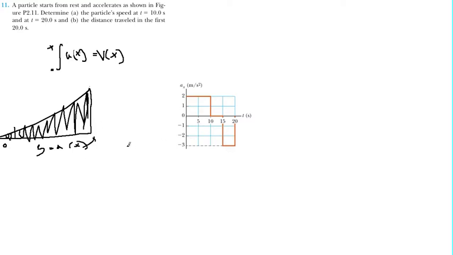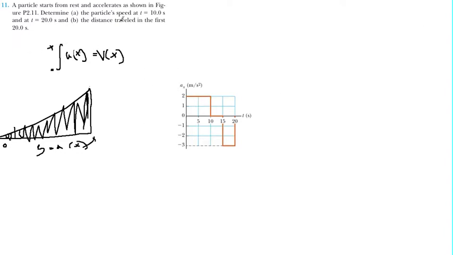Now, in our case, we have it pretty good because this is a really simplified function where, using our knowledge of geometry, we're able to find the area under this curve stupidly fast. It's just really convenient what they throw at you.